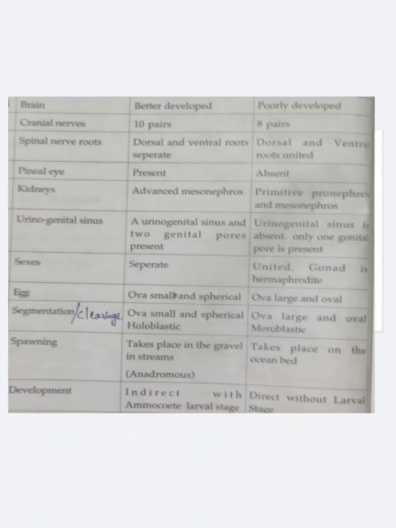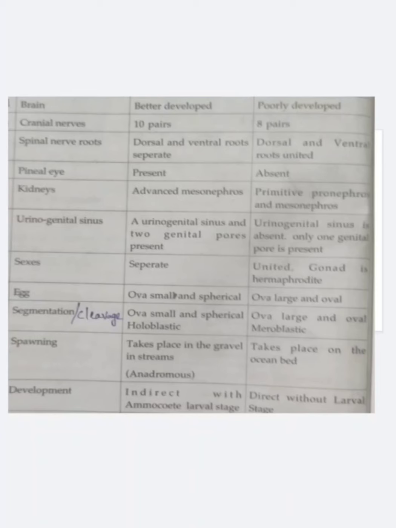In Petromyzon a urinogenital sinus with two genital pores is present, and in Myxine the urinogenital sinus is absent and only one genital pore is present. Petromyzons are unisexual animals, meaning the sexes are separate, but Myxine are hermaphrodites, and both male and female reproductive systems are present in the same individual.